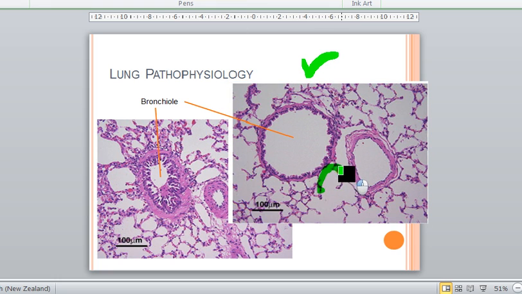You can see that the membrane around the alveoli is really thin, and there's a lot of empty space, and this empty space actually means that air can occupy the space in the alveoli and be available for gas exchange. So that's good. That's what we want.